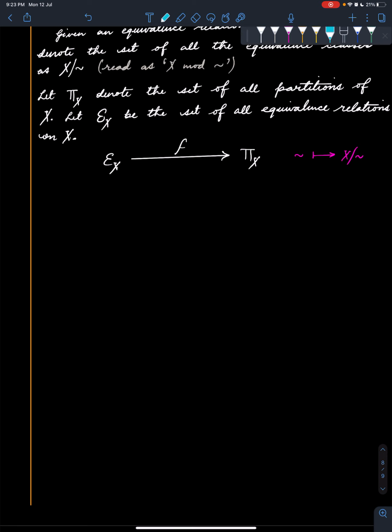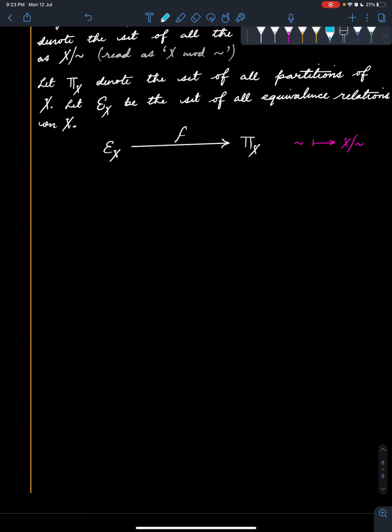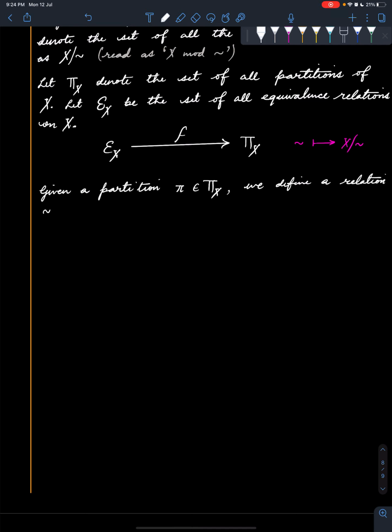So that's very easy. Basically, given a partition pi of X, we define a relation tilde sub pi. It looks very weird, but what can you do? Tilde sub pi on X as follows.